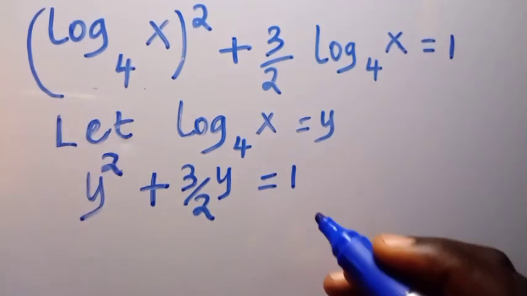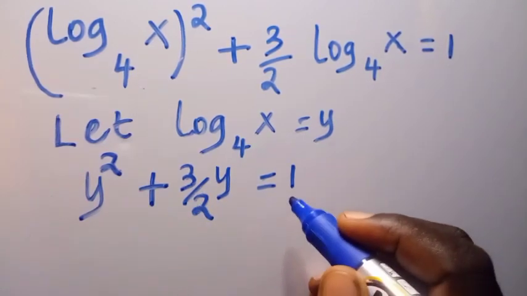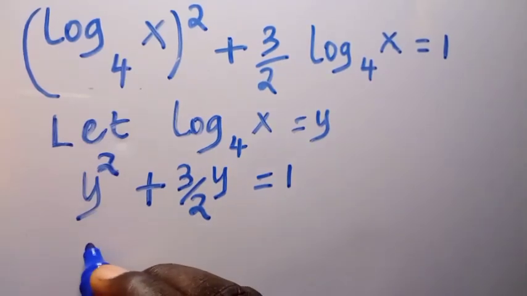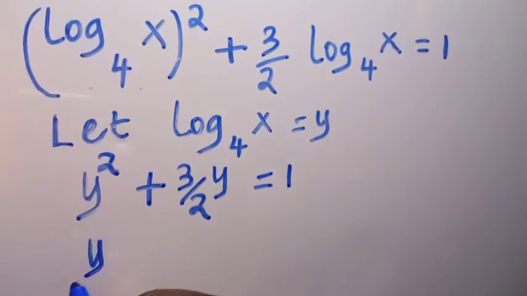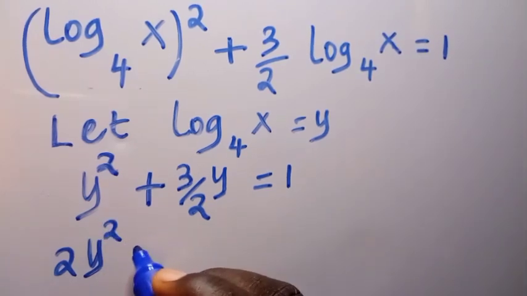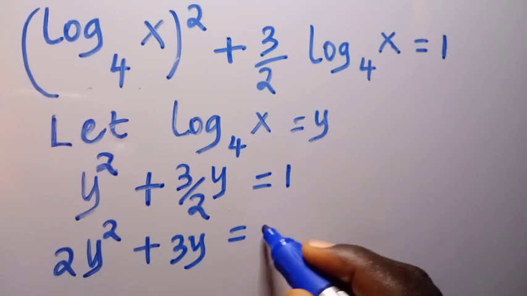Now, we can multiply by 2 on both sides to eliminate this 2 that is on the denominator. If we multiply by 2 on both sides, then we shall have 2y squared plus 3y equals to 2.